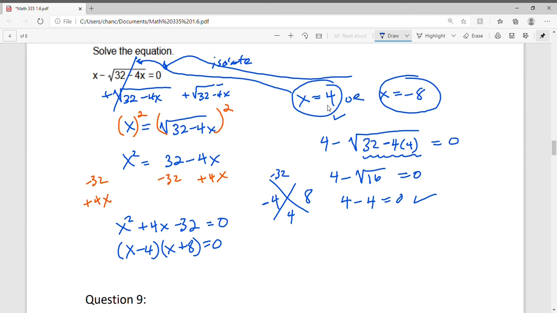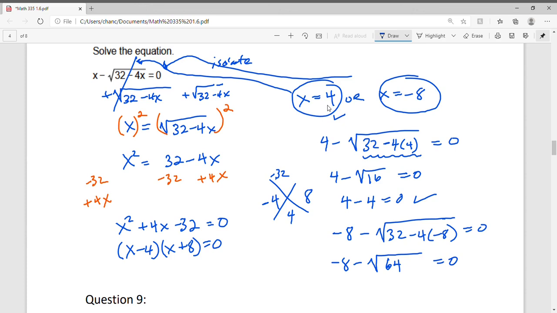Let's check negative 8. Is that a good solution? So this is negative 8 minus the square root. We have 32 minus 4 times negative 8. That's positive 32, so that's positive 64.